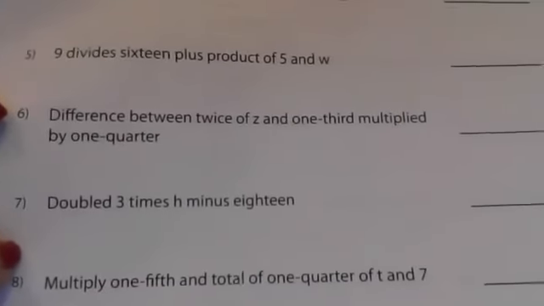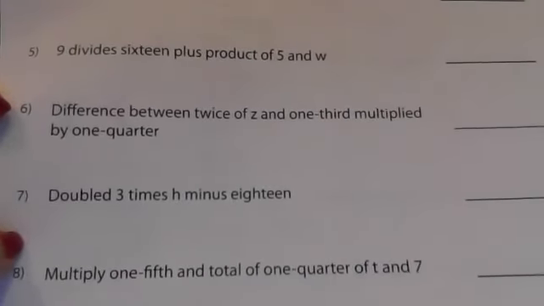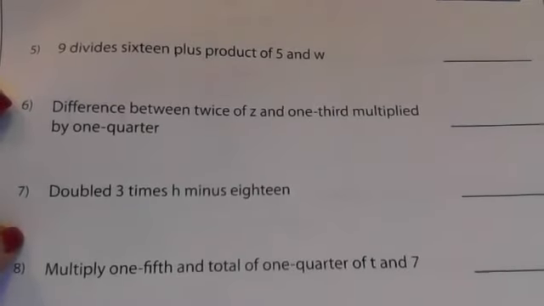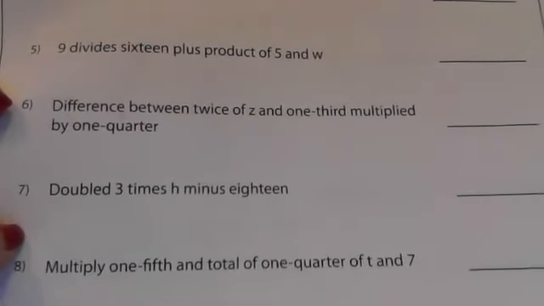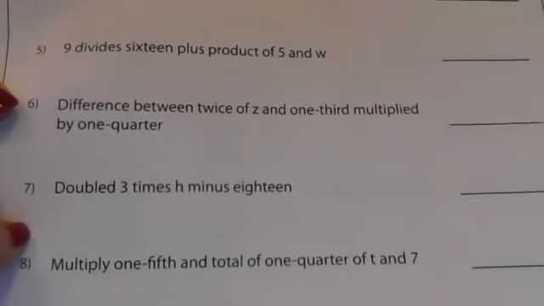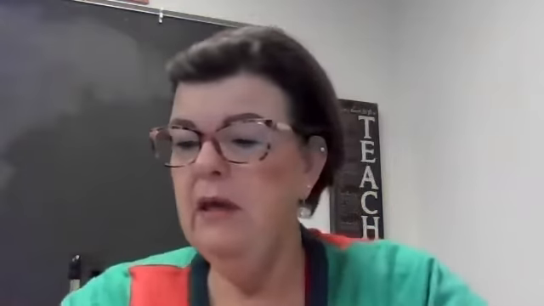Let me make sure I got all of it on there. Number 6 is the one that we're talking about right now. So what you wrote down was, I wrote down 2Z inside parentheses, subtract 1/3 inside the parentheses, and then right behind the parentheses, I wrote 1/4.